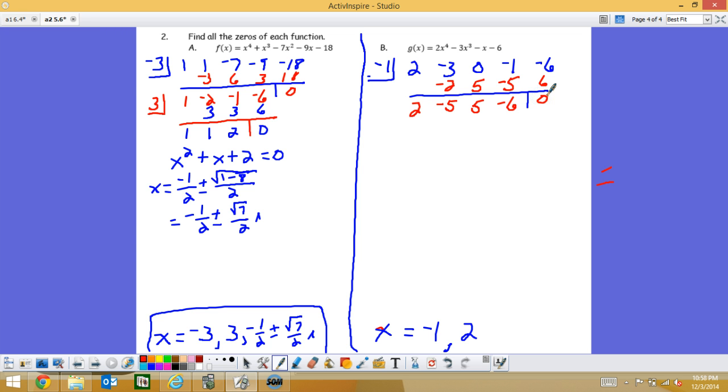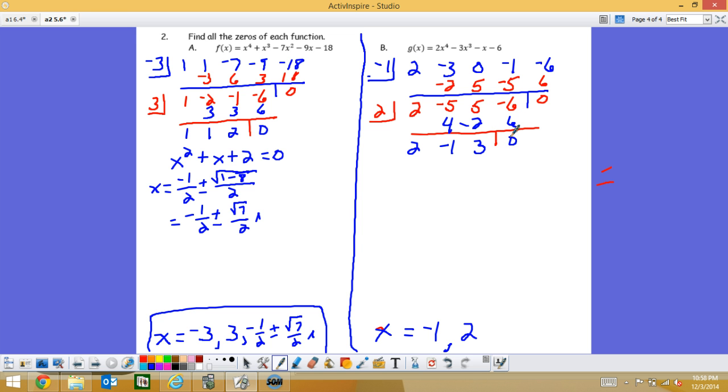So now we've knocked it down to a cubic. Constant, linear, quadratic, cubic. And then we're going to go to our other zero of 2 and perform synthetic division one more time. So we're going to bring down the 2. We've got 4, negative 1, negative 2, 3, 6, and 0.